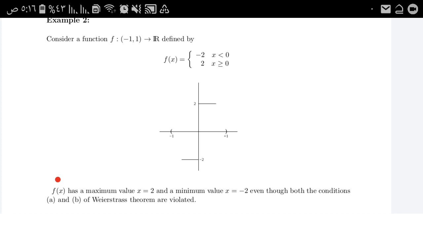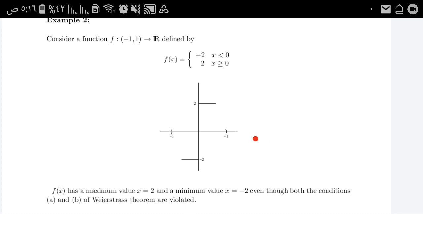So, f(x) has a maximum value 2 and a minimum value -2. It's clear that the maximum value is 2 and the minimum value is -2, even though both conditions A and B of the Weierstrass theorem are violated.